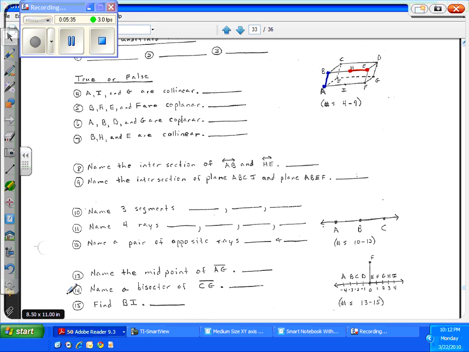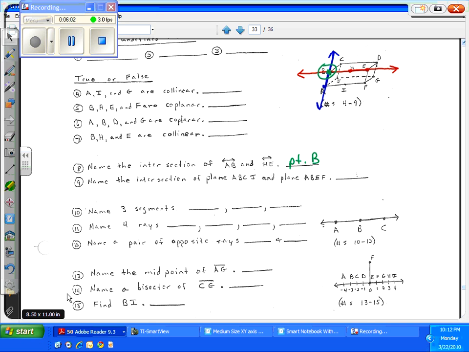But it didn't say segment AB and segment HE. It said line AB, which goes indefinitely through A and B, and line HE, which goes indefinitely through H and E. And when we consider that they go infinitely, we can see that the point in which they intersect is point B.